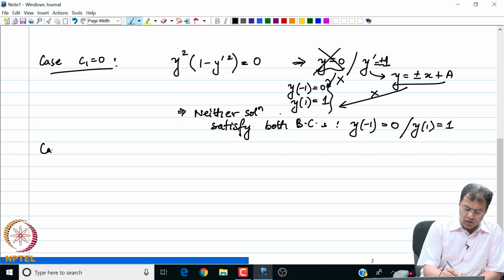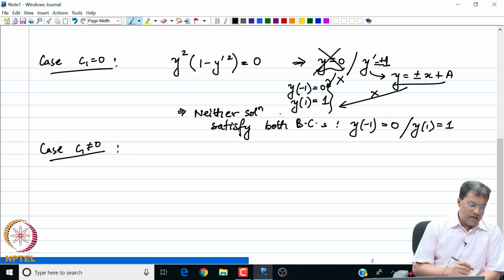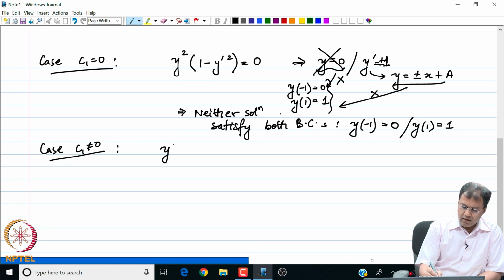So, let us now look at the case C1 not equal to 0, right. In that case I am going to rewrite this expression and write y prime as a function of the constant C1 and y. So, I get that this is also equal to 1 plus minus 1 by y square root of y square minus C1, right.